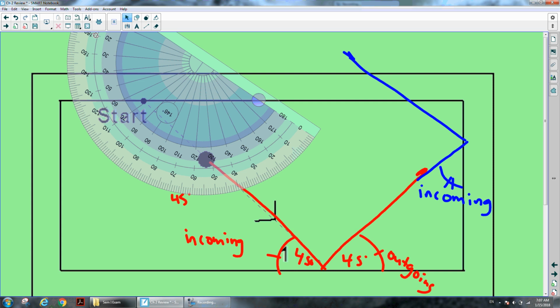So there's my incoming. What did I say? It was 50 degrees. So that means my outgoing is 50 degrees there also. Your incoming angle is congruent to your outgoing angle. And that's all we have for your chapter 2 review.